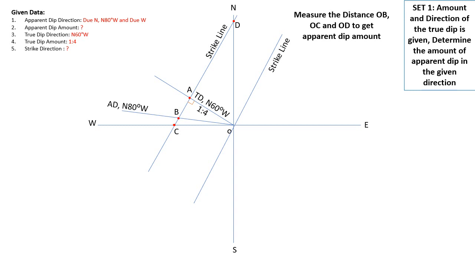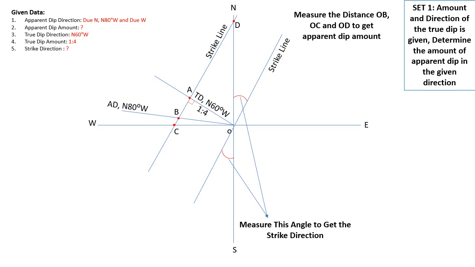So this is the required answer. We are going to measure the distances OB, OC and OD to get the apparent dip amount. So this is the first set, how to solve the dip and strike problems.